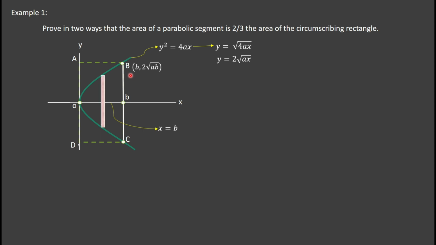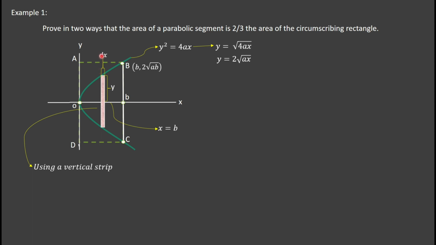Then we have the vertical strip here. We indicate it using a vertical strip again. The distance from the x-axis to this strip is our y, then we have our dx.